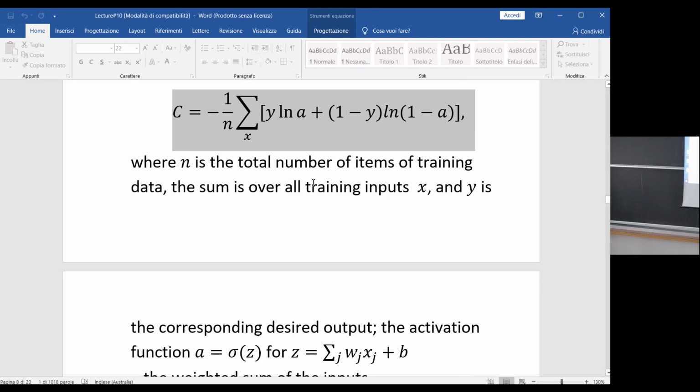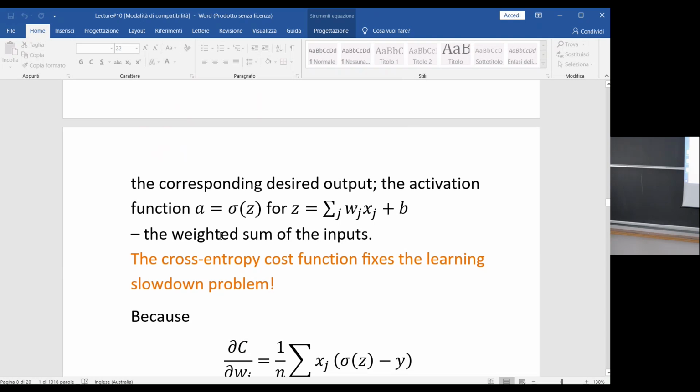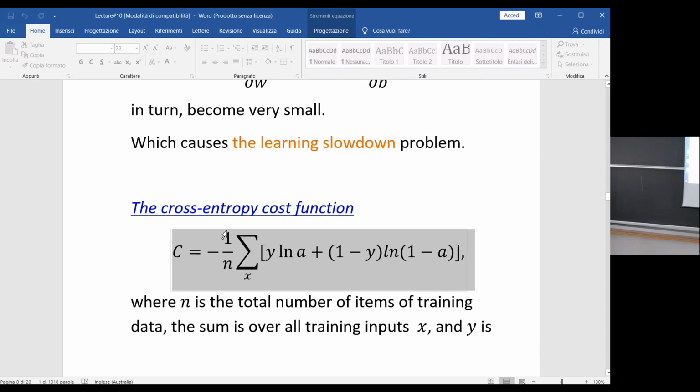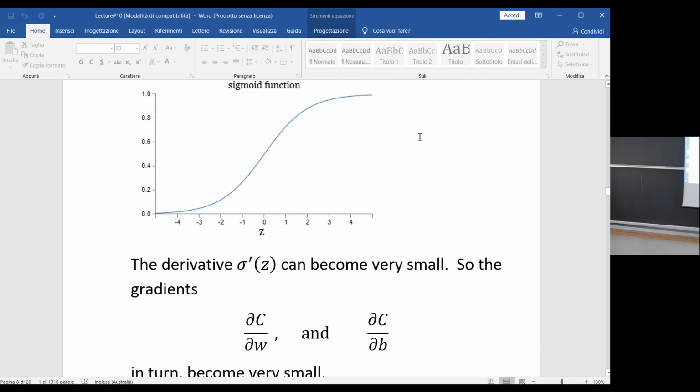And n is the total number of items of training data. The sum is over all training samples x, and y is the corresponding desired output, and the activation function is always sigma of z. So it is the so-called logistic function, 1 divided by 1 plus exponent in the power minus z.